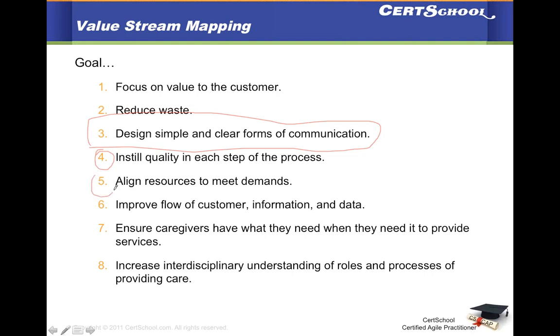Number 5, align resources to meet demand. Very simple. You have to make sure that for those workflow nodes or steps that you have identified, you have the right people or right systems or right resources working there to make sure that the work on that node is being done at top quality.